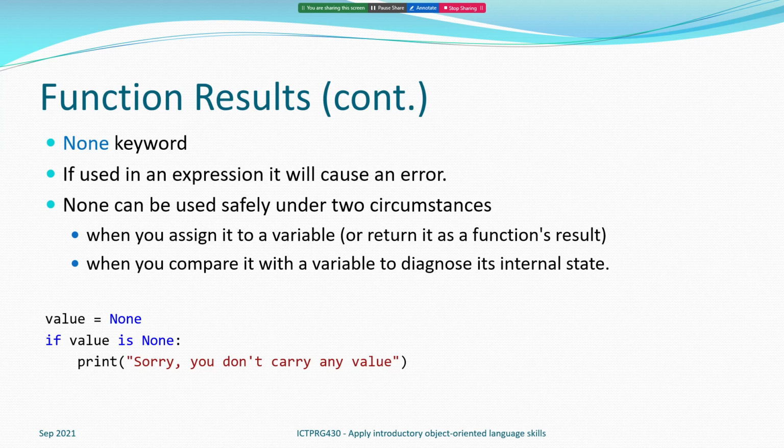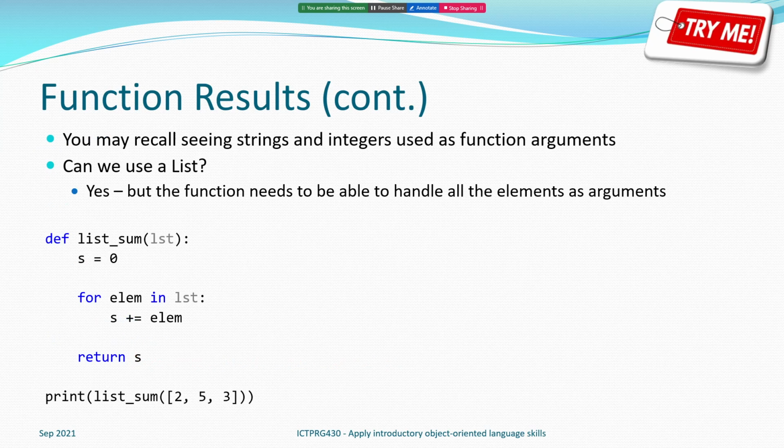And you can also use it safely when you're using it as part of a comparison. So value equals none, and then conditional, if value equals none, then print, sorry, we don't have value. Pretty rude statement in and of itself.